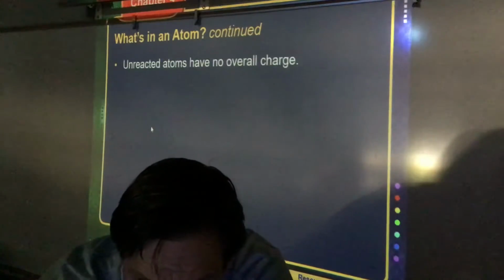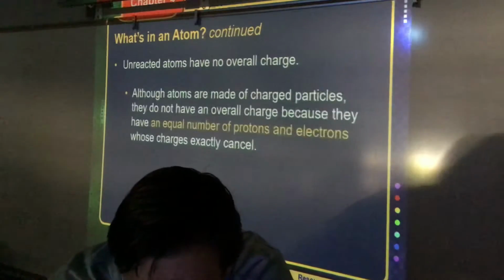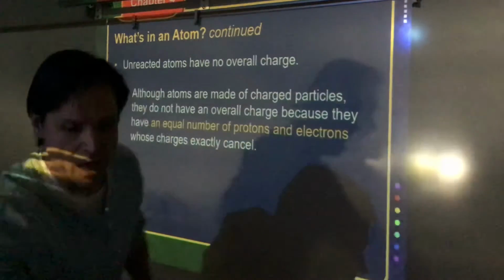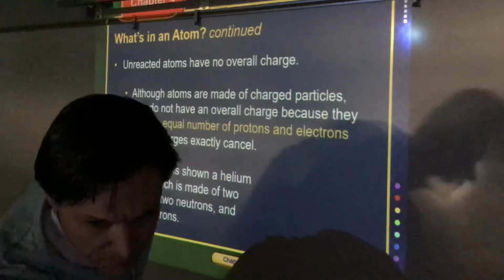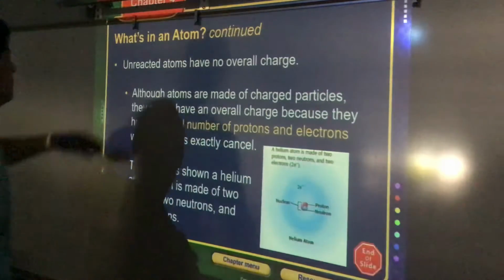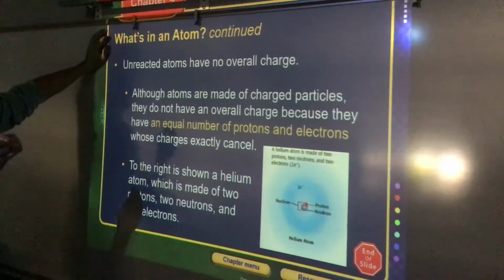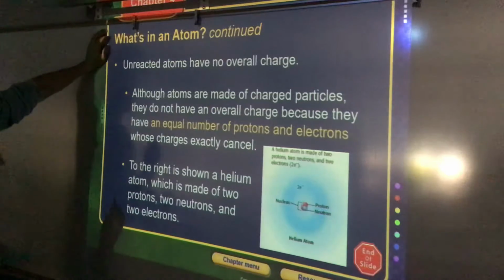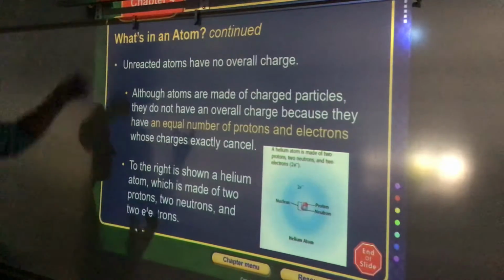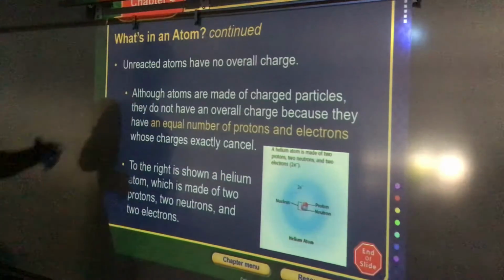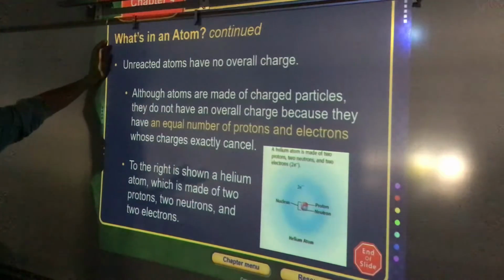All right. So basically, what is an atom, continued? Unreacted atoms have no overall charge. Although atoms are made up of charged particles, they do not have an overall charge. So we're just talking about the atom in general. Protons and electrons equal each other.